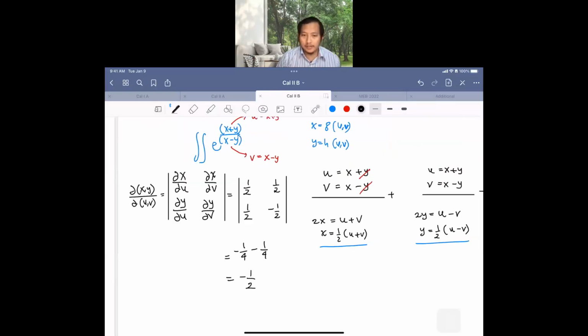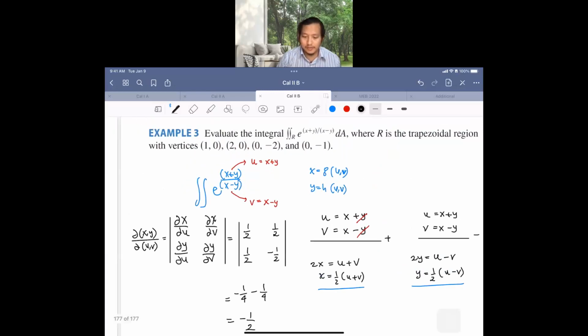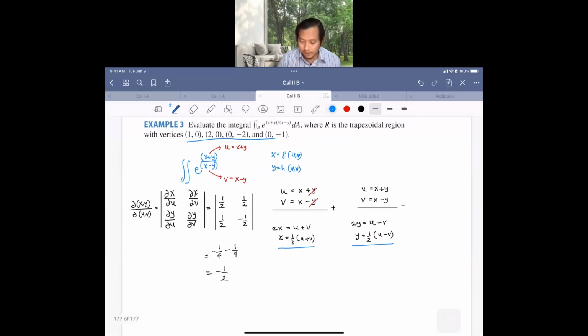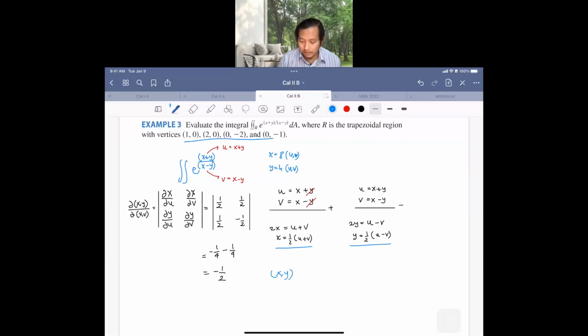Now, to correlate the vertices, the vertices (x, y) are (1, 0), (2, 0), (0, negative 2), and (0, negative 1). Okay, these are all the vertices that we have.